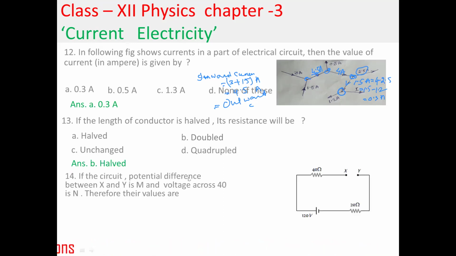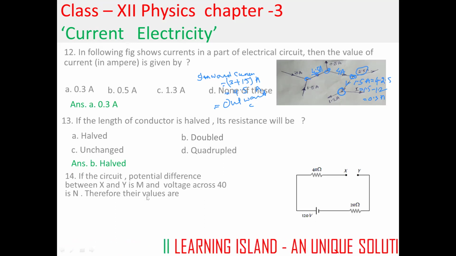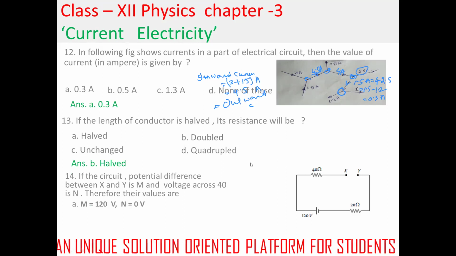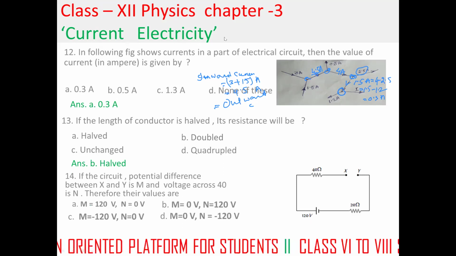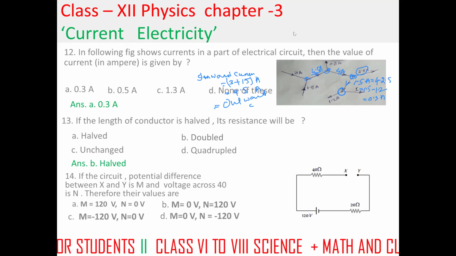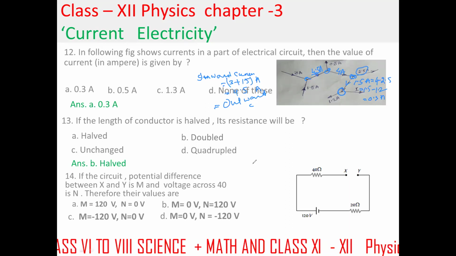Now 14. If the circuit potential difference between x and y is m, let's see the options. So let us understand the question first. Understanding the question means 80% of the problem is solved.